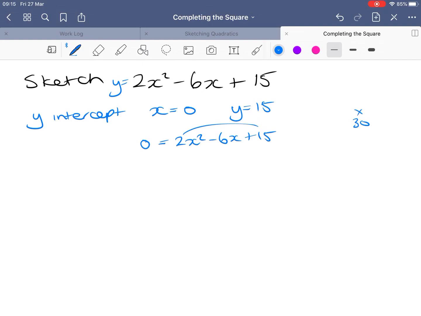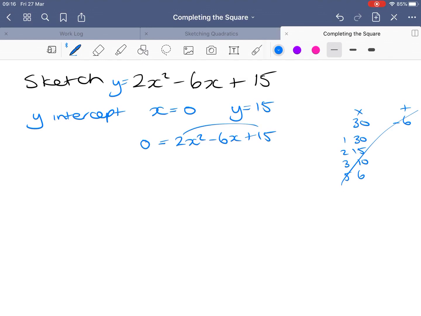So we need two numbers that multiply together to get 30 and add to get minus 6. Well, we've got 1 and 30, 2 and 15, 3 and 10. 4 doesn't go into it. 5 and 6. So it's not going to factorise. And if you put it in your quadratic formula, you also find that there are no solutions. So it doesn't cross the x-axis.